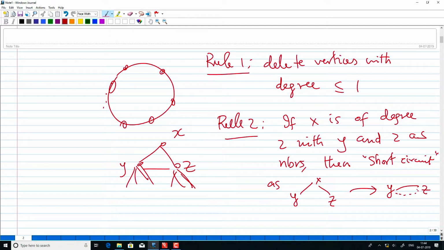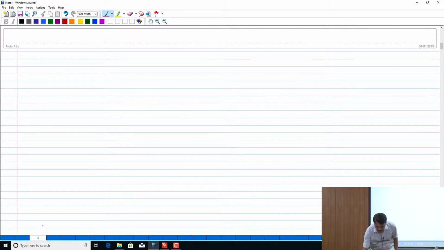Who will cover that cycle? Only that vertex. So include it in the solution, right? That's rule number 3. If x has a self loop, include x in the solution and k is dropped to k minus 1.